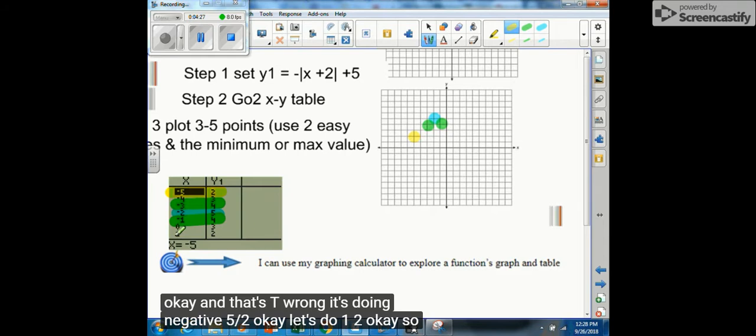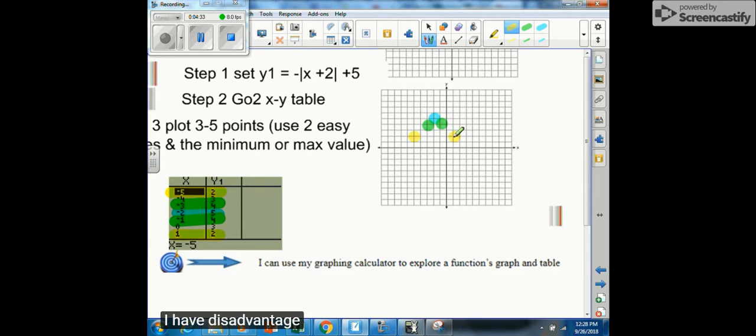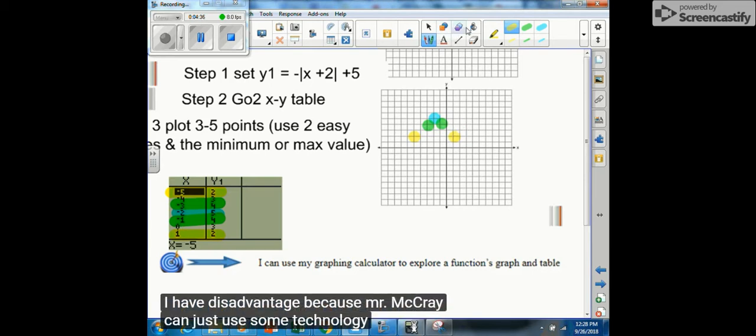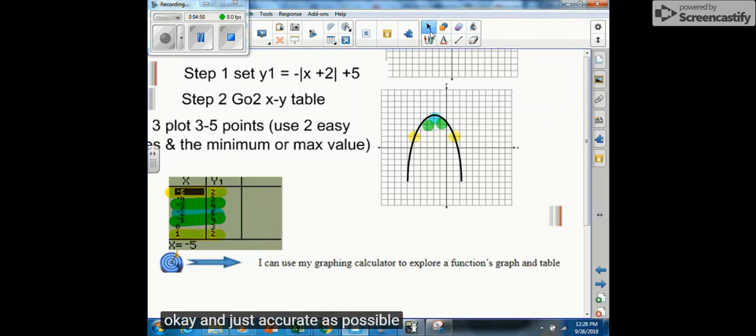So again, you guys are at a disadvantage because Mr. McCray can just use some technology and get my shape like this. And just line them up. I might want to make them as accurate as possible.